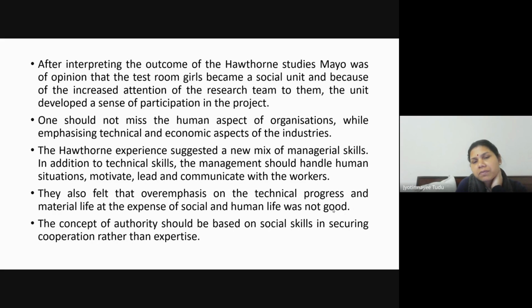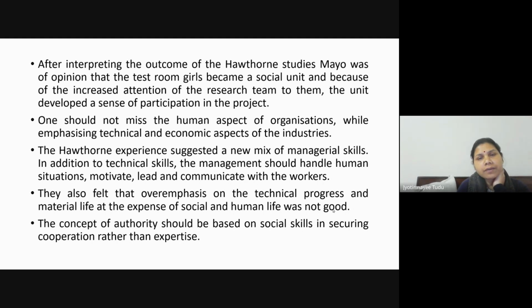So Mayo's point is that the creation of a social unit matters in bringing the desirable outcome of the project.